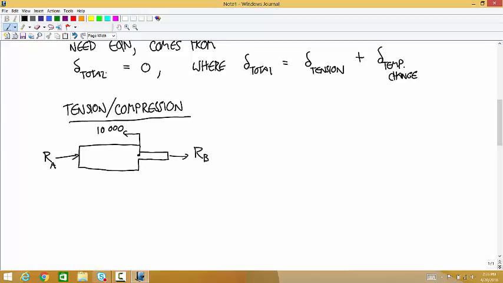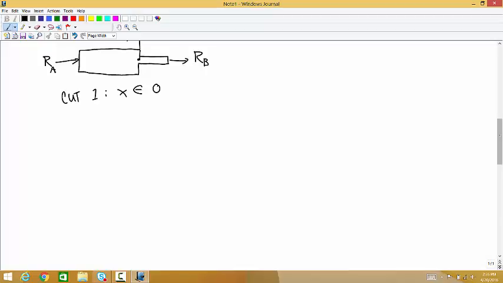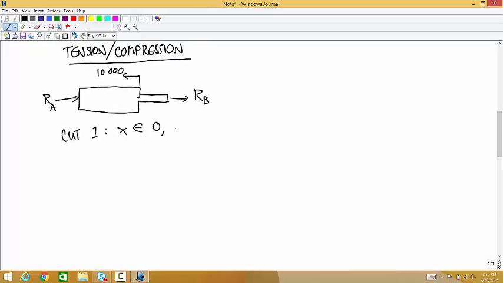And in order to calculate the elongation, we need to find the internal tensions over these two sections. So we're going to have to do cuts. So cut 1 is valid for x's between 0, so all the way at the left, to 0.5.